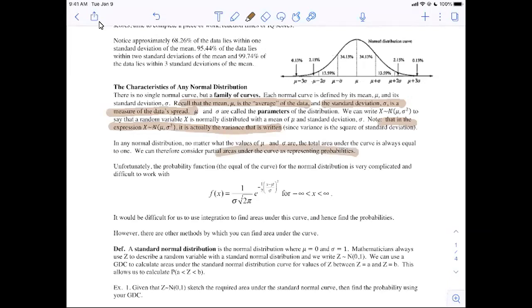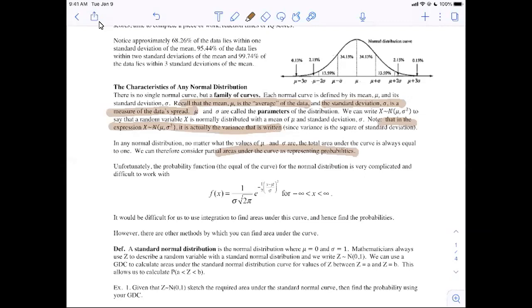So let me go back and reread this again. In any normal distribution, no matter what the values of mu and sigma are, the total area under the curve equals 1. So we can make a connection to probabilities because probabilities sum up to 1, right?